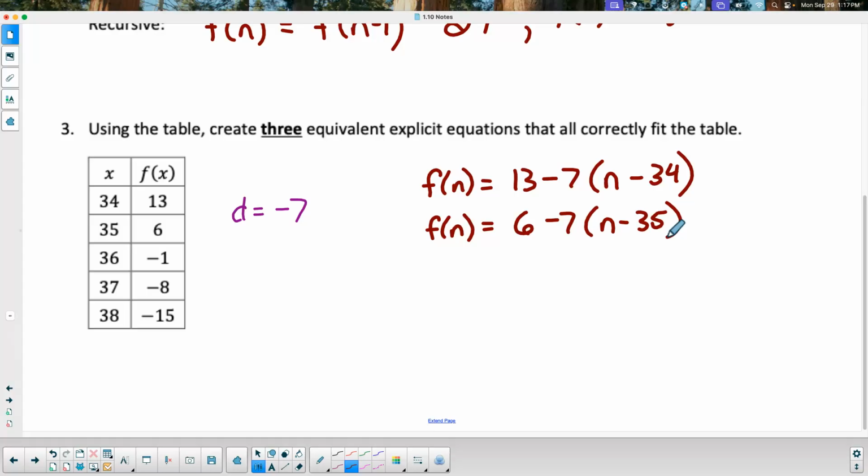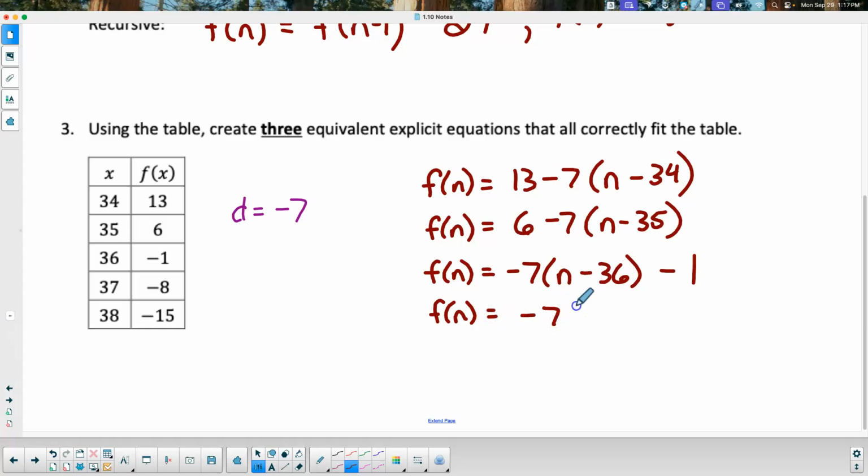Off the third one, f of n equals negative 7 times n minus 36, then minus 1. Top one could have been negative 7 times the quantity n minus 34, then plus 13. We're going to put the plus 13 at the end. We could put the plus 6 at the end there. F of n equals negative 7 times n minus 37 minus 8.